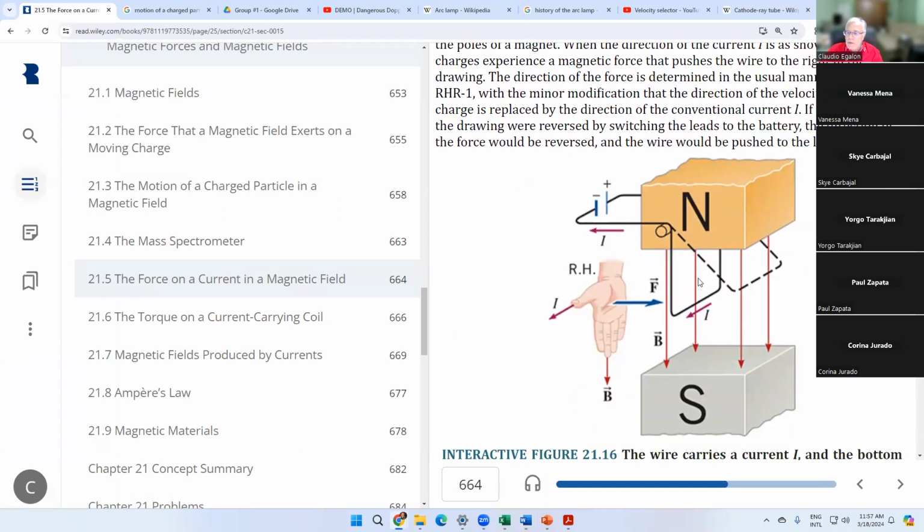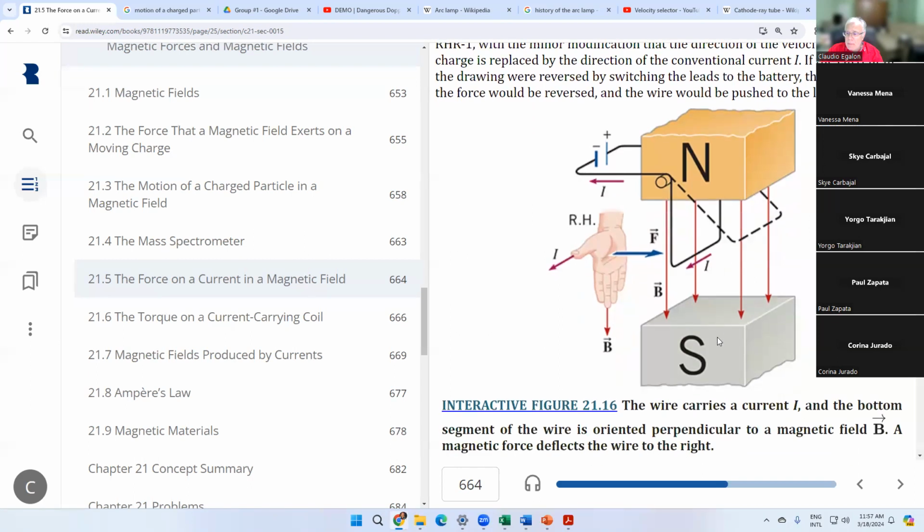And here's an illustration of what happens to a current carrying wire subject to a magnetic force. We have a demonstration there also at the college. We have this wire right in here.